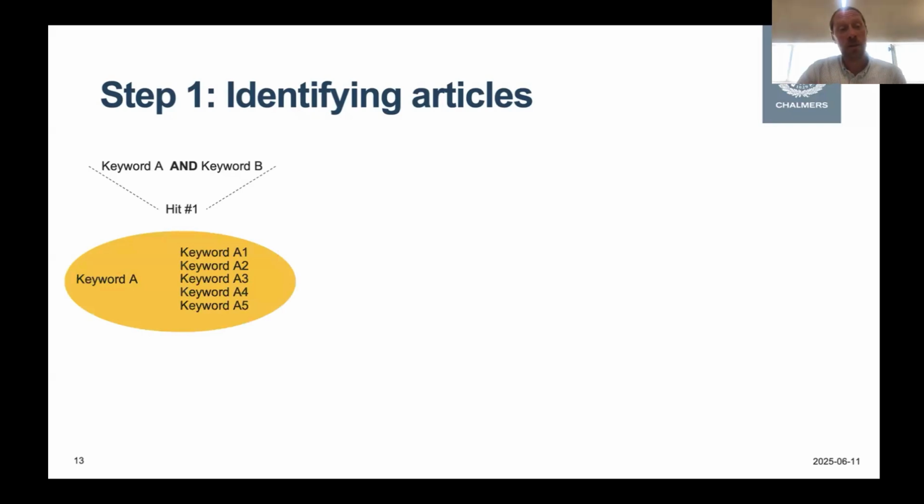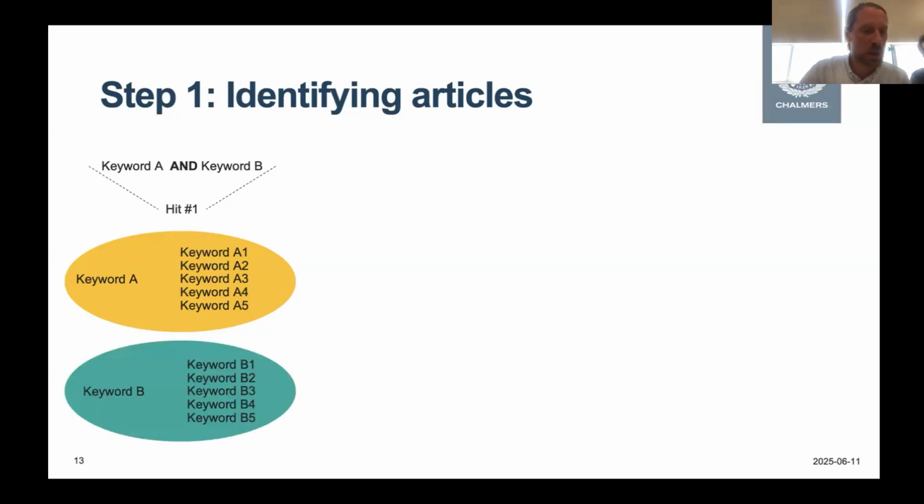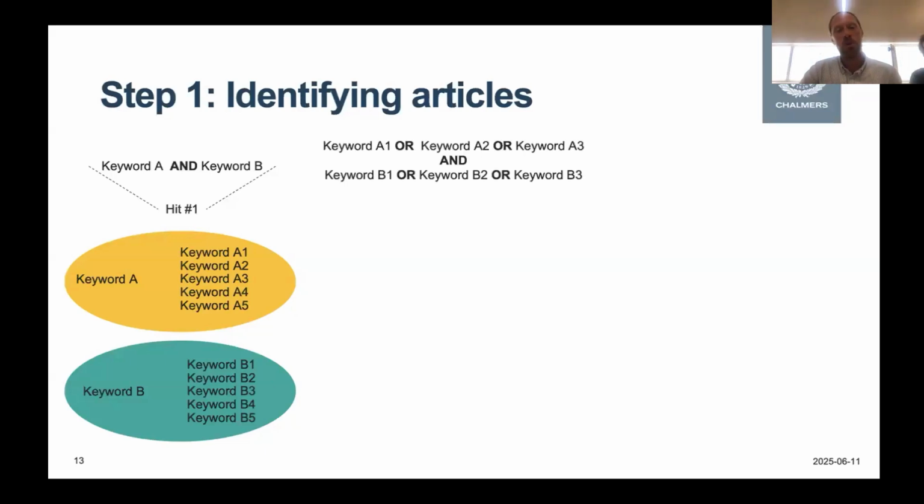Then you realize that there are various types of synonyms that might be better to use for your first keyword, and there might be synonyms to your second keyword. So you try them to make a broader search, for example.